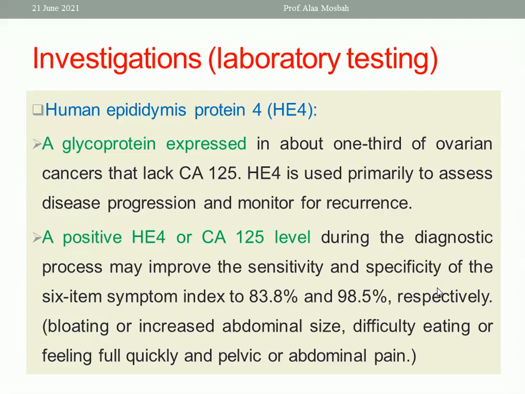These symptoms include bloating, increased abdominal size, difficulty eating or feeling full quickly, and pelvic or abdominal pain. So, if I use HE4 with CA125 with these 6 symptoms, the sensitivity and specificity will be increased in diagnosing ovarian cancer.